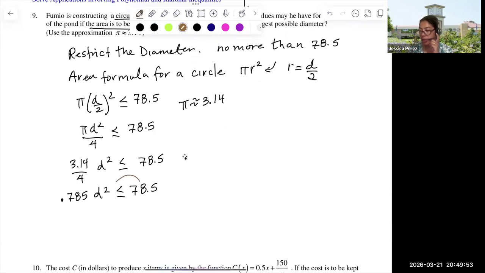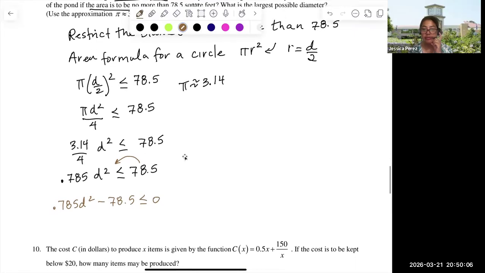So to solve, we're going to bring everything to one single side. 0.785 d squared minus 78.5 is less than or equal to 0. Now the next thing is we wish to factor 0.785 out.